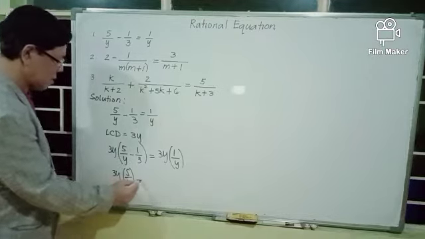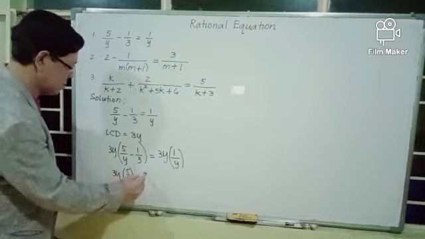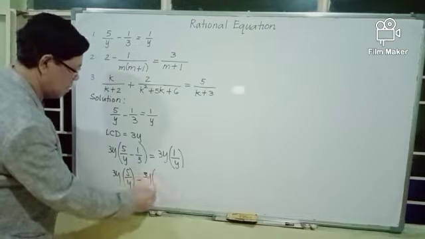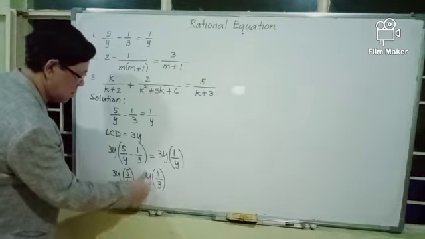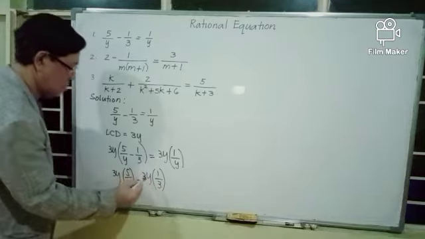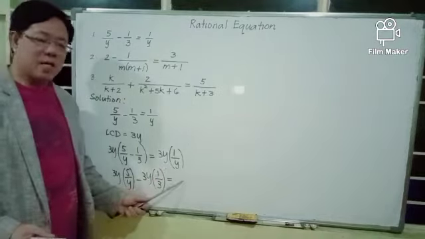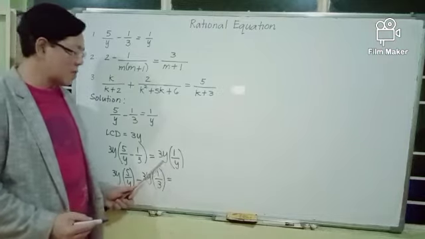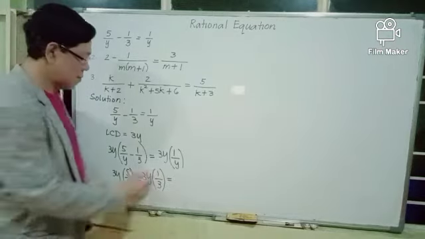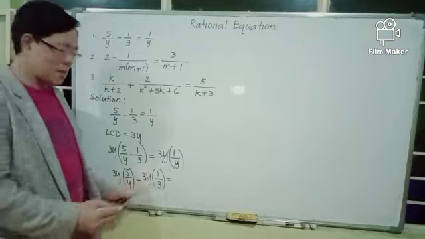Minus, multiply 3y by 1 over 3. And simplify the right hand side, you can see that y over y will cancel out because y over y is 1. And you get 3 multiplied by 1 is 3.